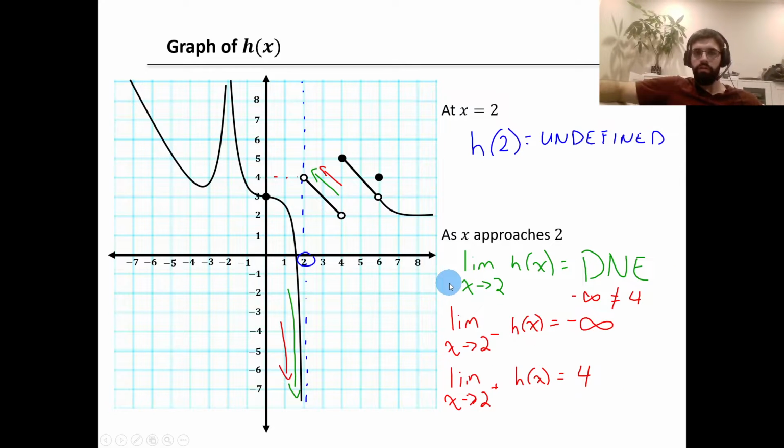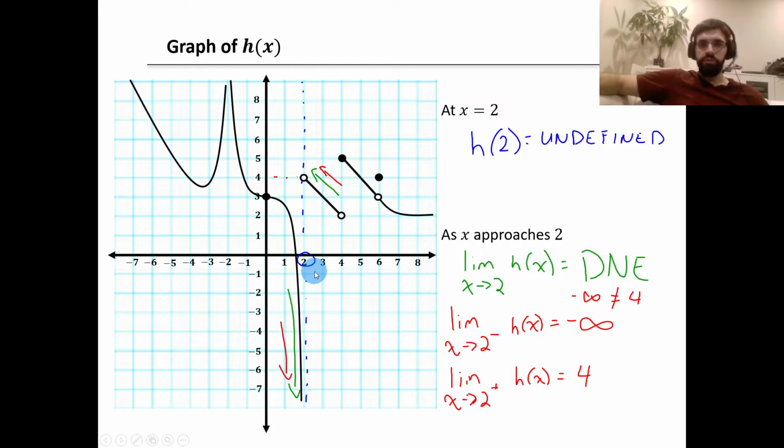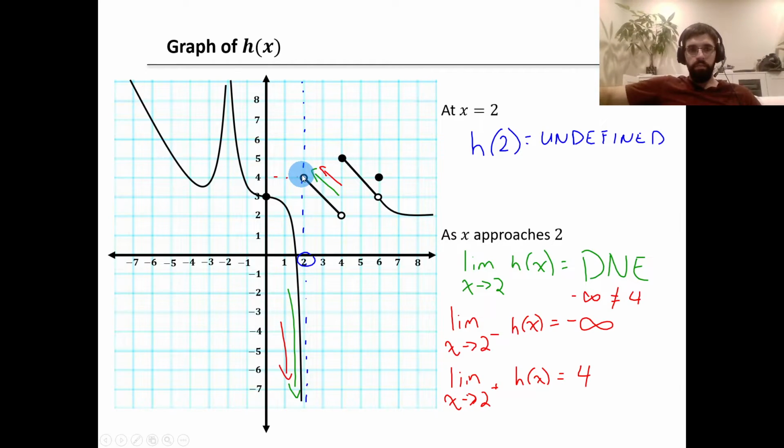Okay. Let's look at x equals 2. So at the point 2, we have a hole, but otherwise we have a vertical asymptote. So if we go down below that hole, we don't have any definition for x equals 2. There's nowhere where our function gives us a value for h of 2.